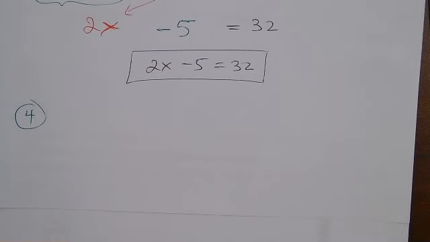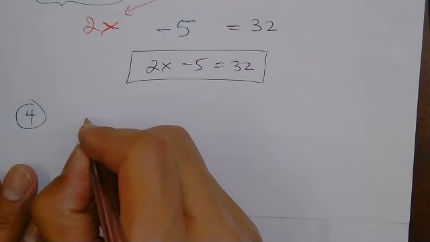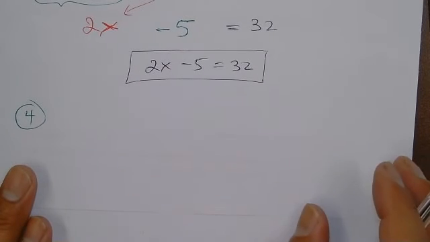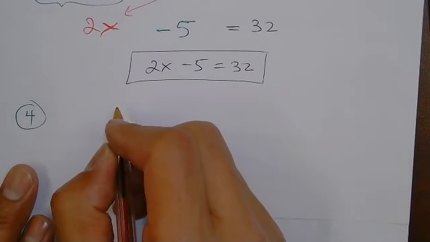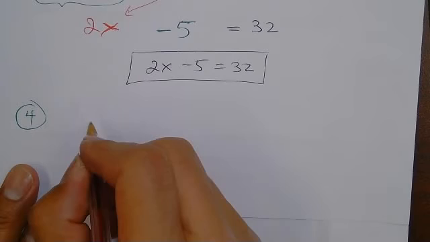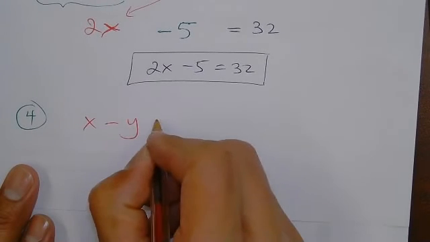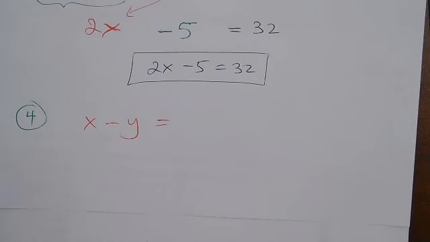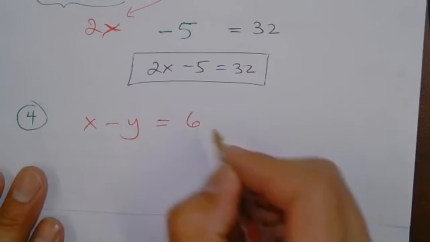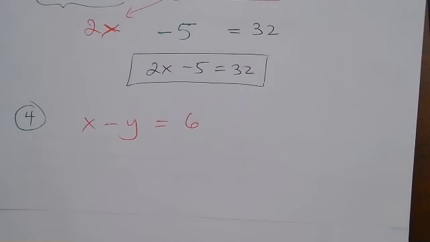Let's see. I don't think I have it here. Okay. How am I going to write this? Let's say I have x minus y equals whatever, 6, right?